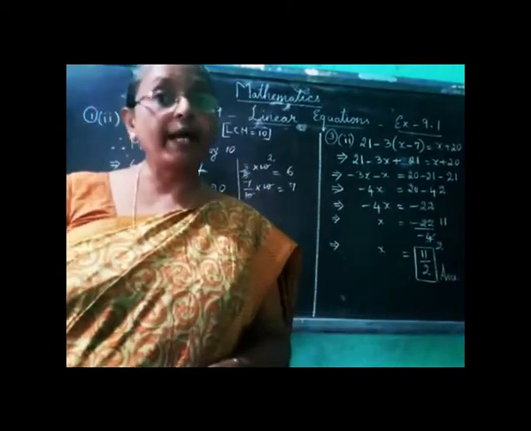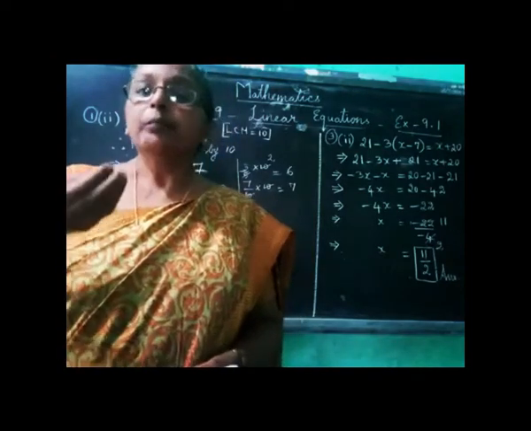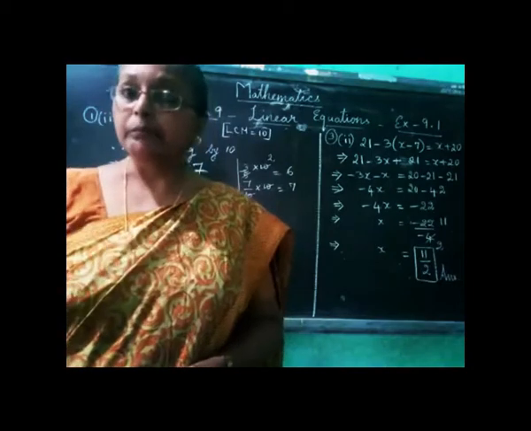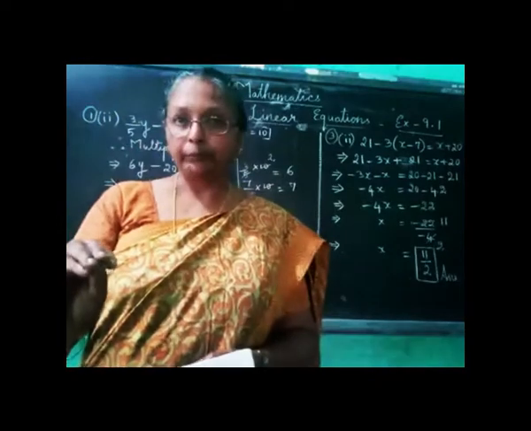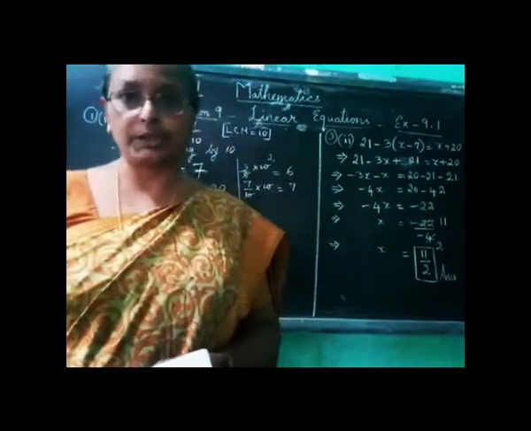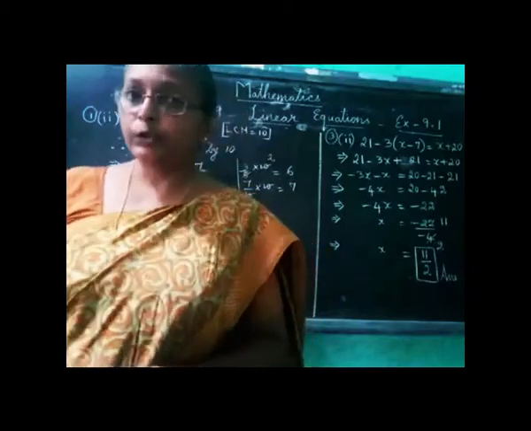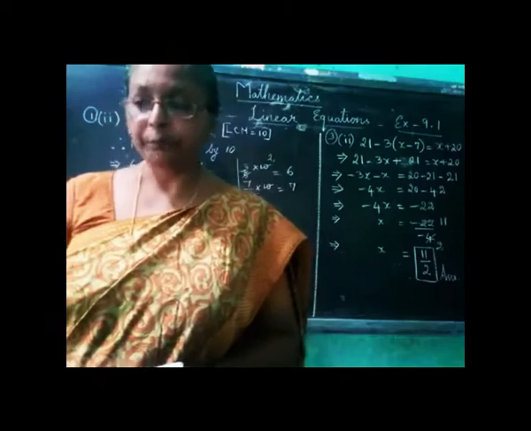That is, we have to find a value for that variable, and by putting that value in that equation, the whole equation should be satisfied. This is called solving the equation. Okay, so there is a method for finding the value so that it will solve that equation.